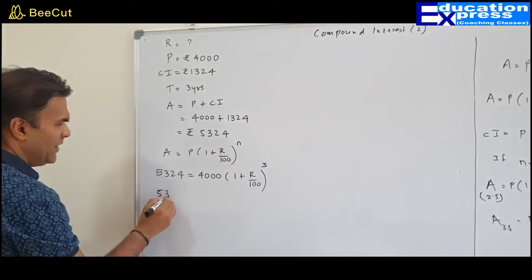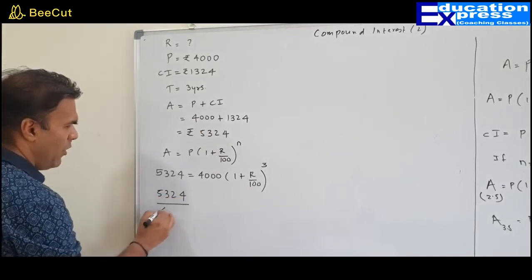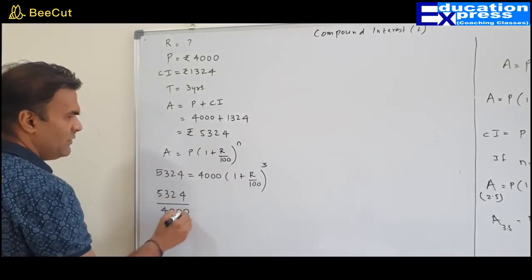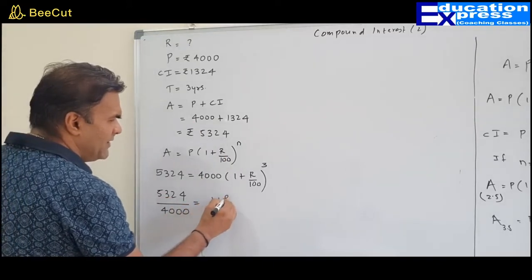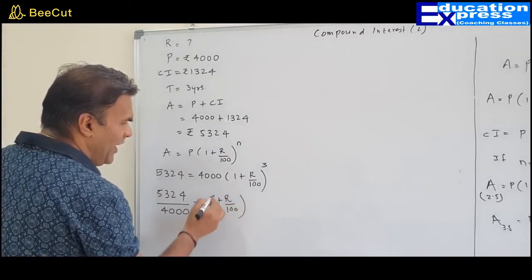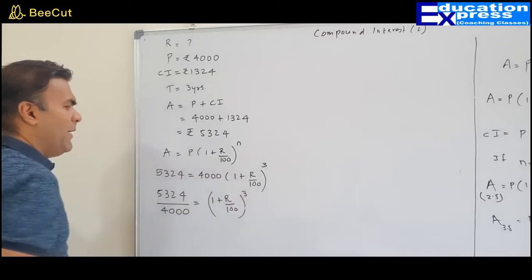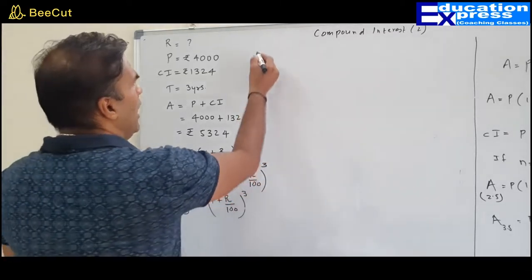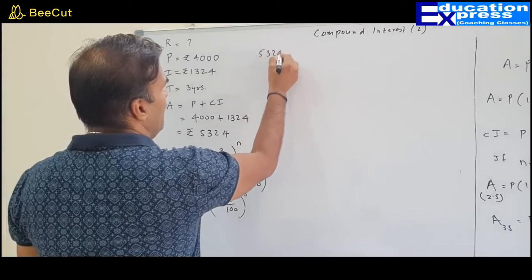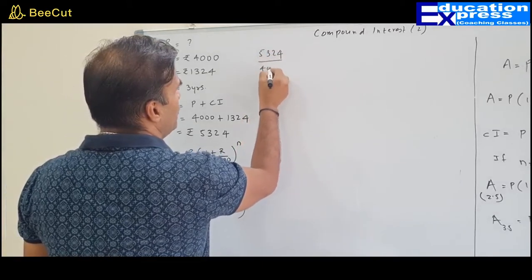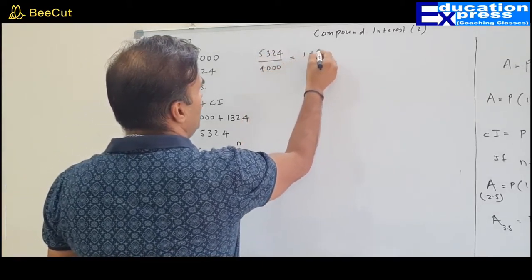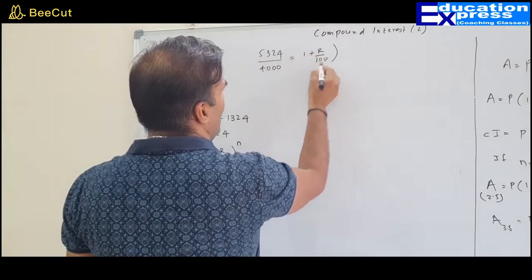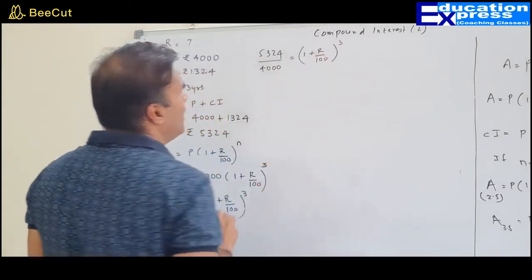That means 5324 upon 4000 will be 1 plus R upon 100 raised to 3. My dear friend, this has to be cube, and we'll have to work out how we can do this. How do you go about it?